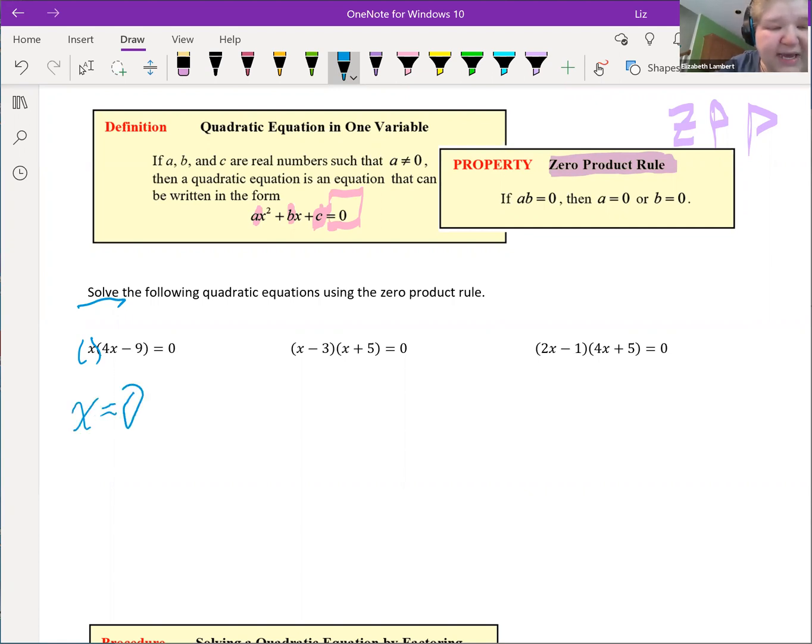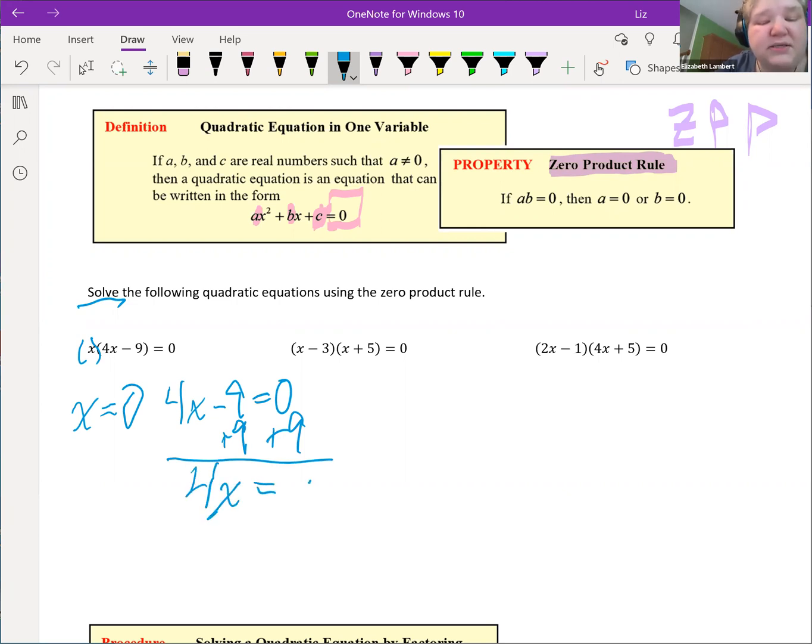The first one is x equals 0. And then the other one is 4x minus 9 equals 0. And now we're just going to solve this. And some of you guys were already doing this on your homework. But the big catch is before now we've been doing factoring.